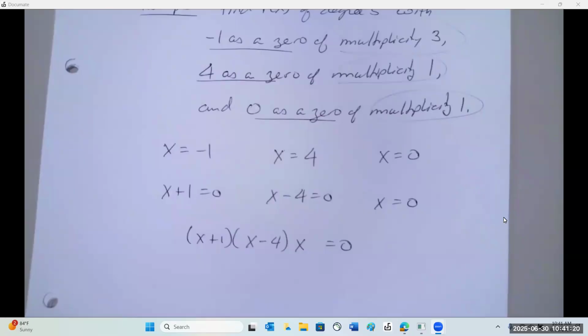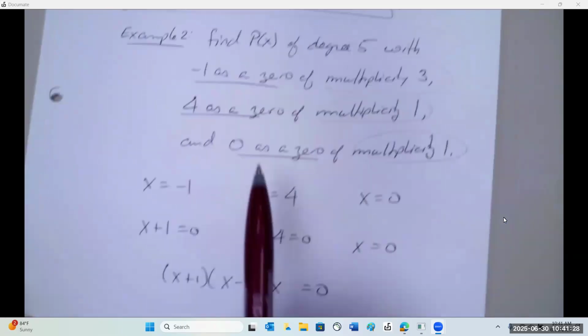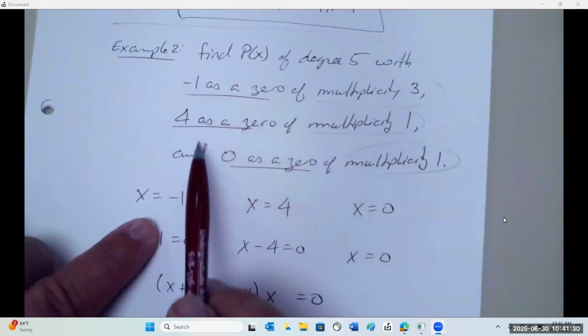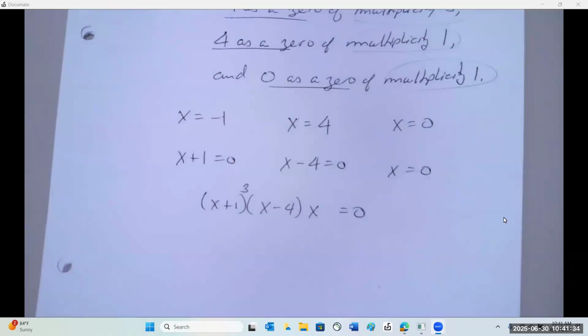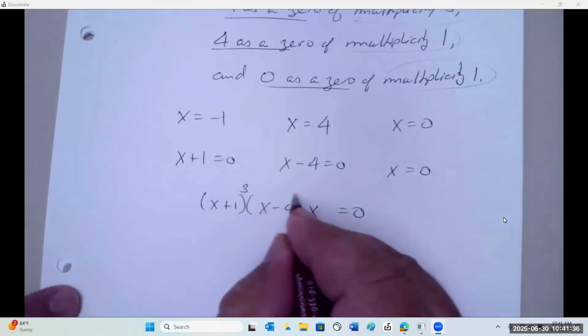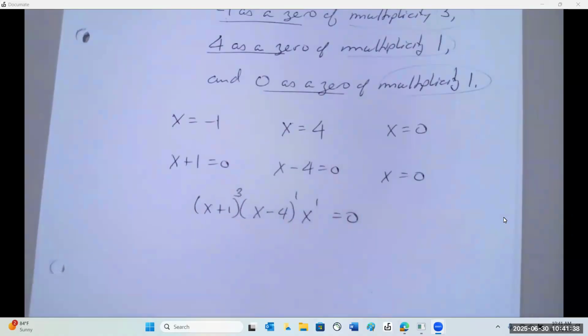Now, where do the multiplicities come in? What are multiplicities? Above the parentheses. So the negative 1 zero has a multiplicity of 3. So this one is a 3. This one is a 1, and that's a 1. If we add up the multiplicities, they equal the degree, which is 5.